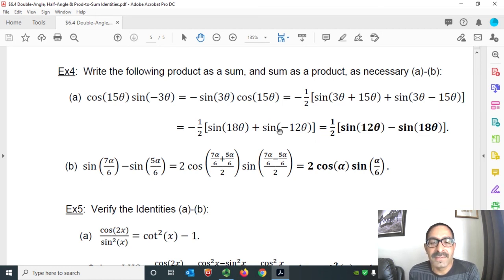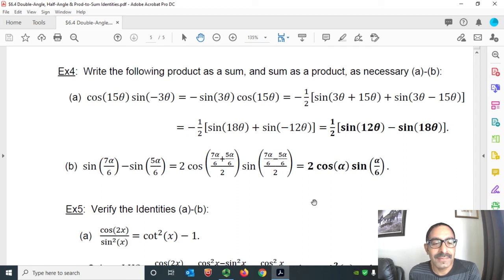And in the next step, again sine is an odd function, so take this minus here. So we have sine 18 theta minus sine 12 theta, and distribute this minus. Then this becomes plus, this becomes minus, which I wrote down here. I hope this makes sense to you all. So our final answer is 1/2 times sine of 12 theta minus sine of 18 theta.